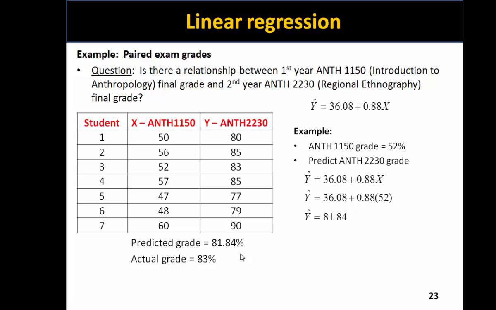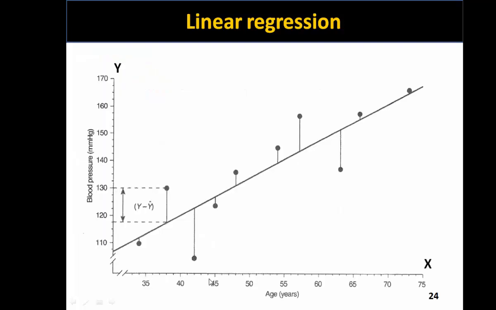So it's not going to be a perfect prediction. There's going to be a difference. And the difference is what we refer to as the residual. It is the difference between an actual score and the predicted score. And the residual will be illustrated on this graph.